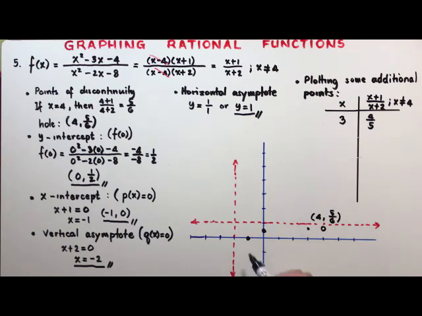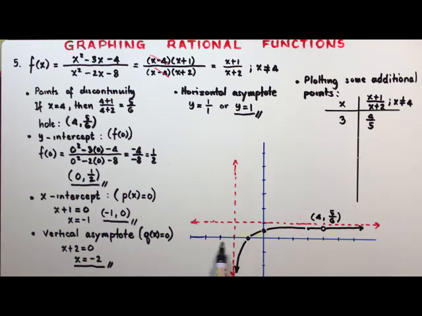Then I'm sure that if you connect this one, you form a graph like this, a smooth curve like this. So the graph is approaching this horizontal line y equals 1, because this is our horizontal asymptote, and it is also approaching this vertical line downward, because this is our vertical asymptote.